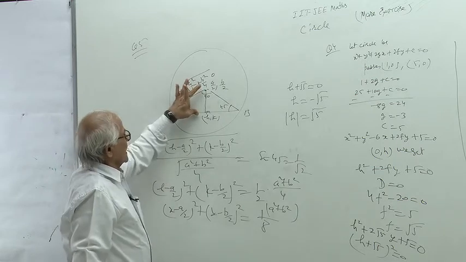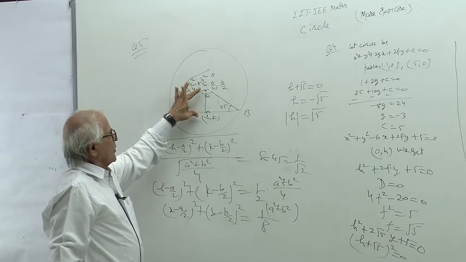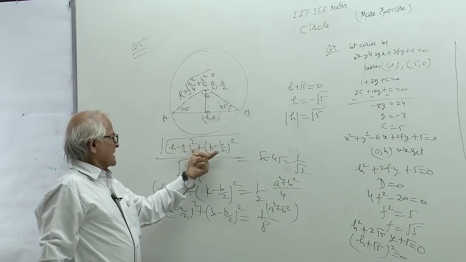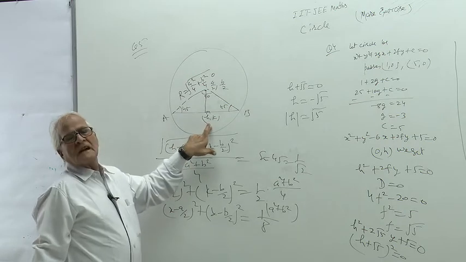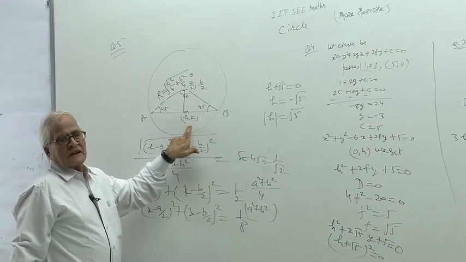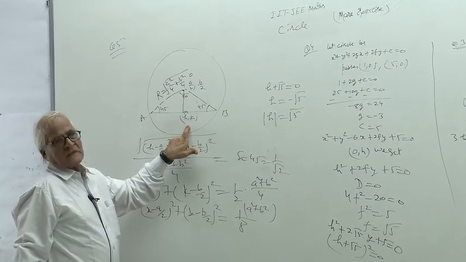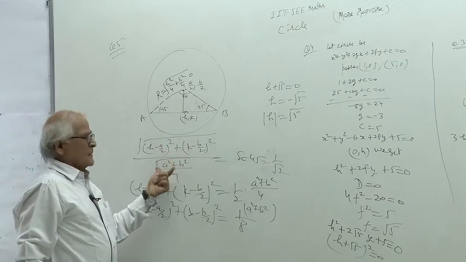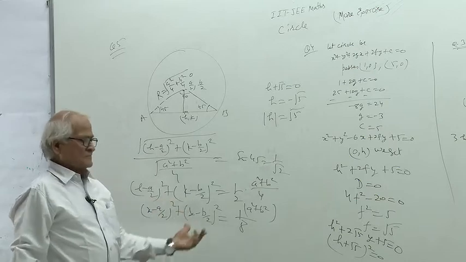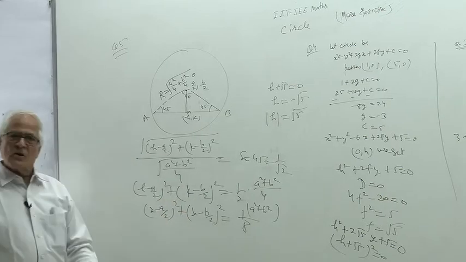And what is OM? This is (h minus a/2, k minus b/2), if M is (h, k), the middle point of the chord. This is taken from the center. Upon the radius it gives sin 45, we square it and we get the required locus.